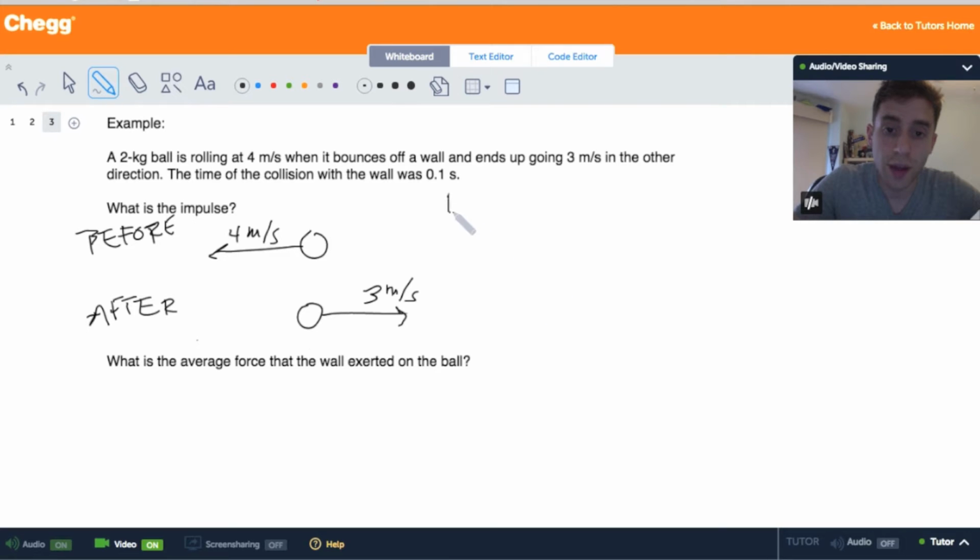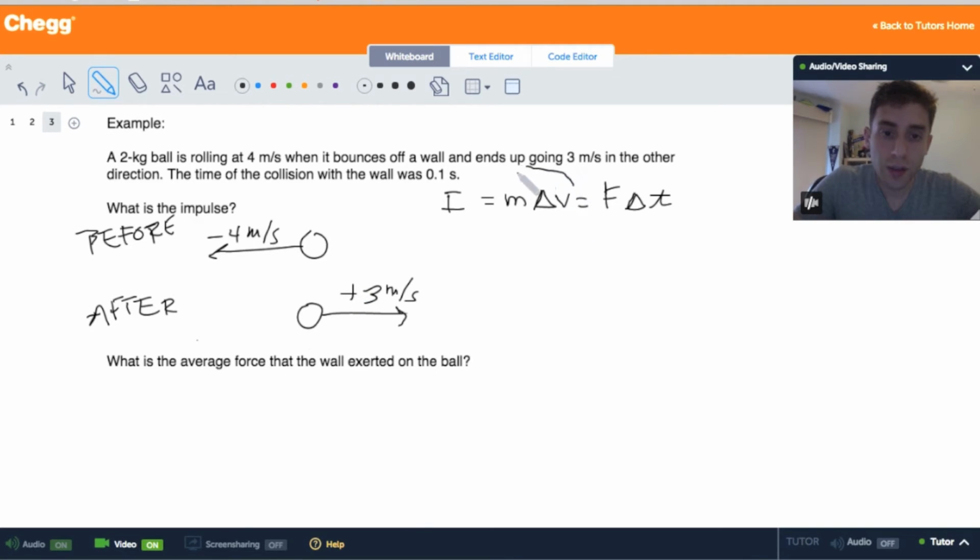We can find that by first looking at our two equations. And we see that there was a change in velocity here. So we can call to the left negative. So this is a negative 4 meters per second because velocity is a vector. And this would be a positive 3 meters per second.